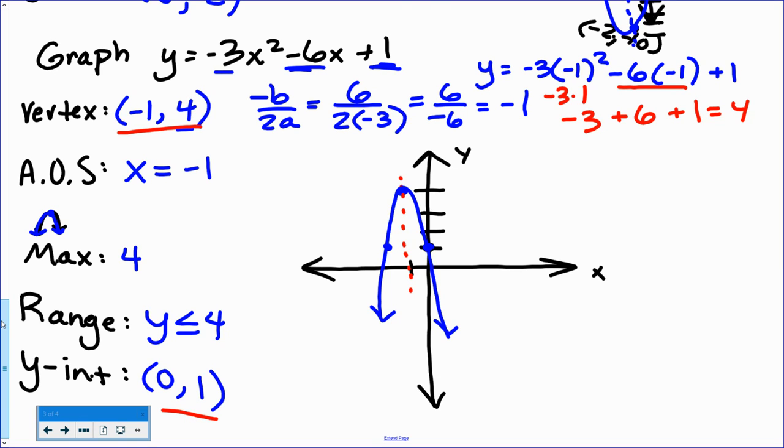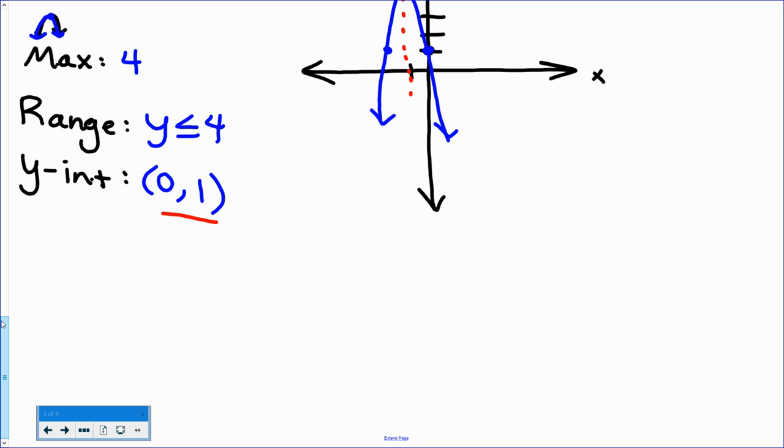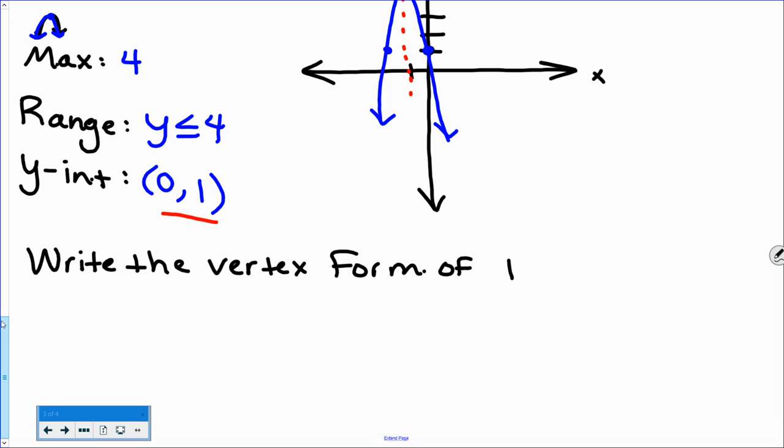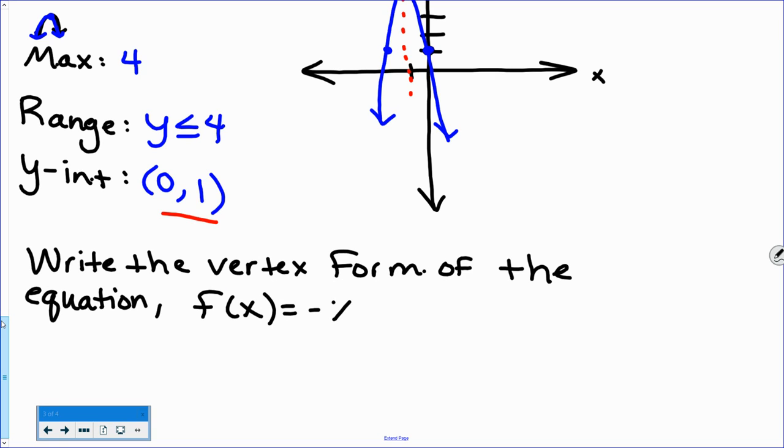All right, the next thing that we will have to do is we are going to do a little more algebra than graphing. We are going to write the vertex form of the equation f of x equals negative x squared plus 4x minus 5.